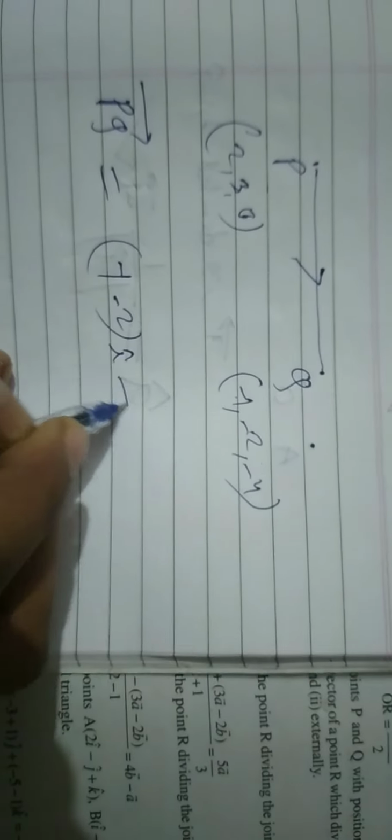So the required vector joining P and Q is the vector PQ. Then vector PQ will be (minus 1 minus 2) i plus (minus 2 minus 3) j plus (minus 4 minus 0) k.